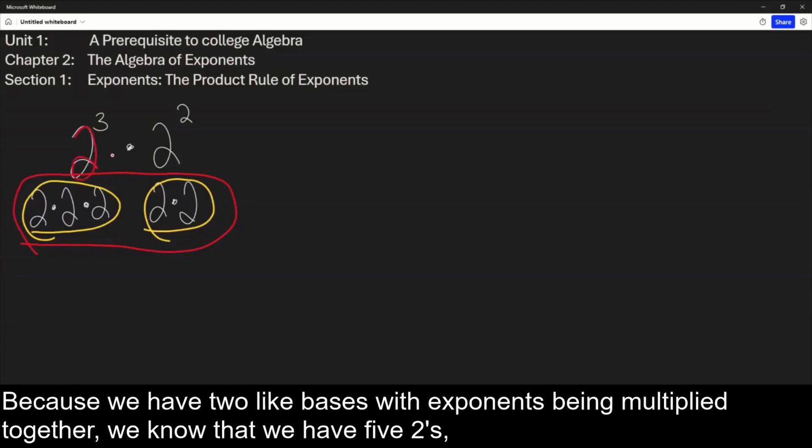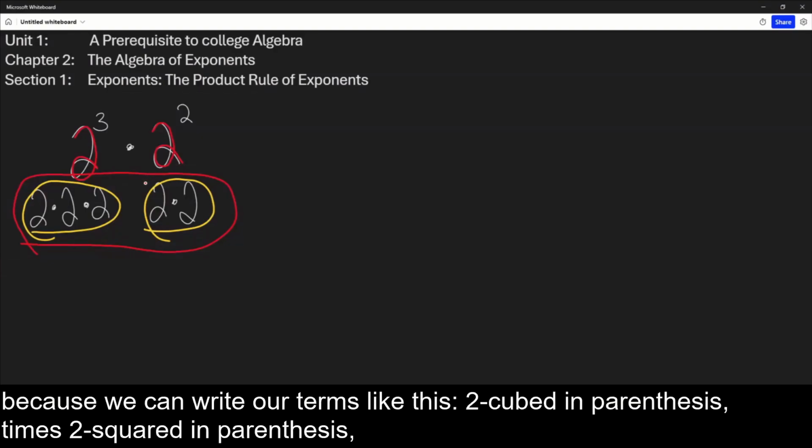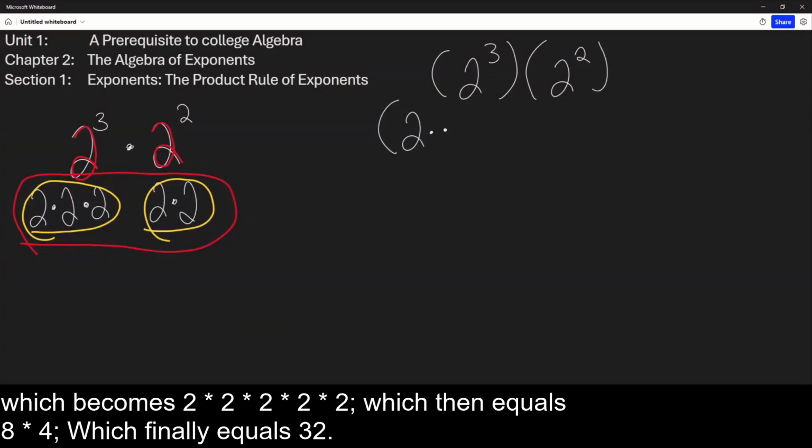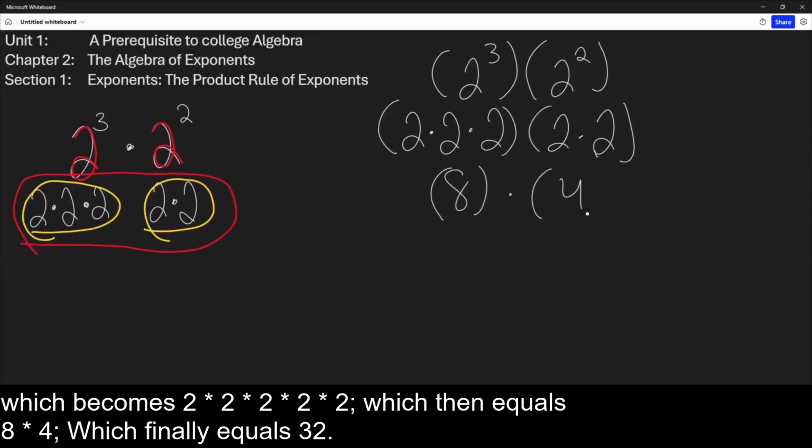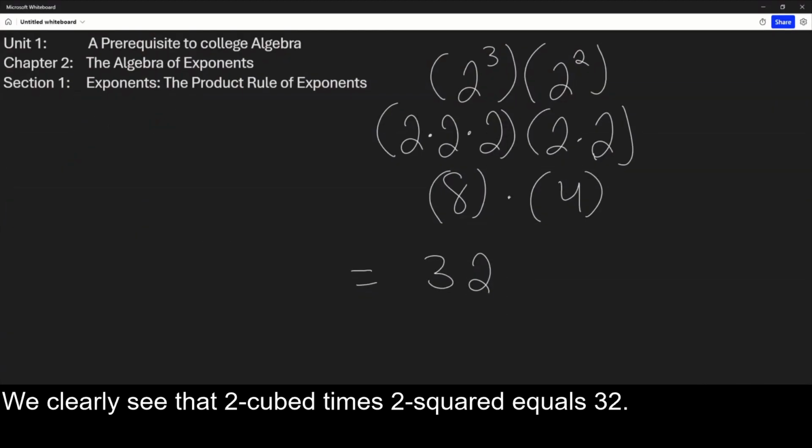We can write our terms like this: 2 cubed in parentheses times 2 squared in parentheses, which becomes 2 times 2 times 2 times 2 times 2, which equals 8 times 4, which finally equals 32. We clearly see that 2 cubed times 2 squared equals 32.